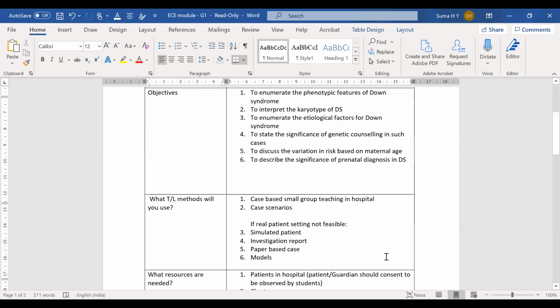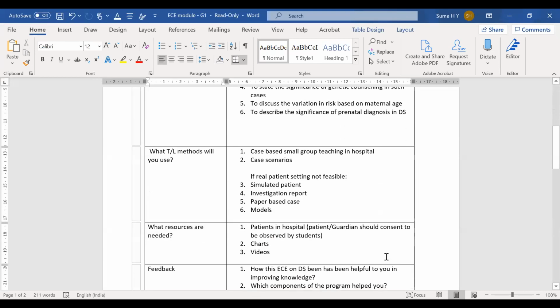To achieve these objectives, what teaching learning methods will be required? In a hospital setting, case-based small group teaching can be done, making groups of 30 students each. Each group will be handled by a coordinator who will coordinate with the clinical department, so that it is split over 2 weeks and each group is taken to the hospital on a rotation basis.